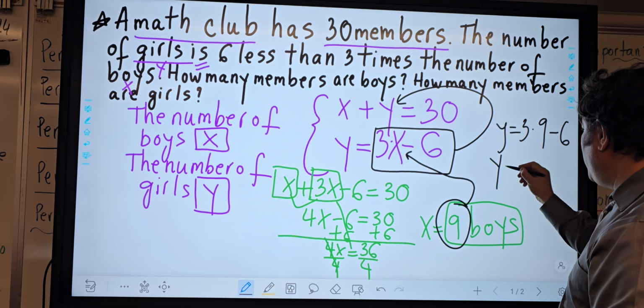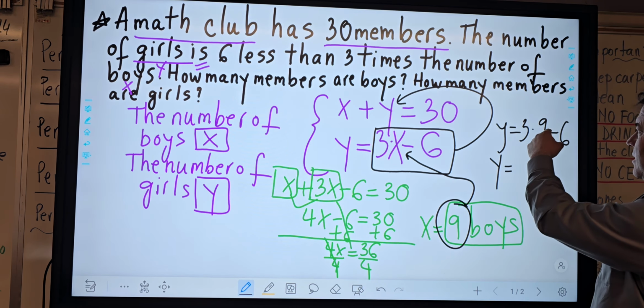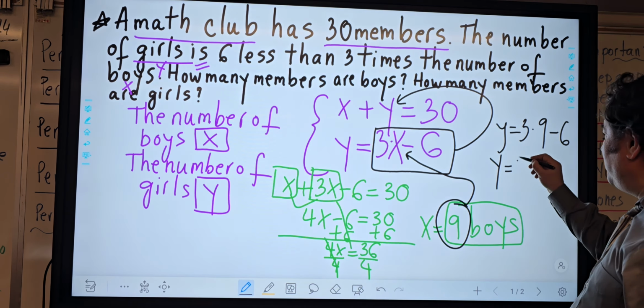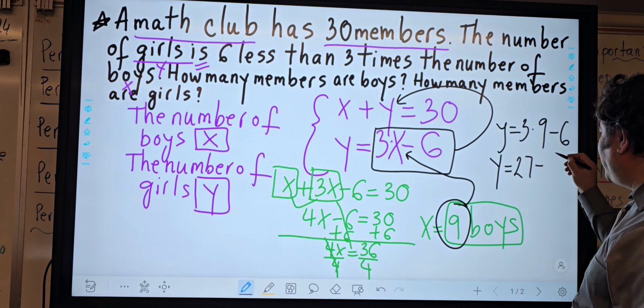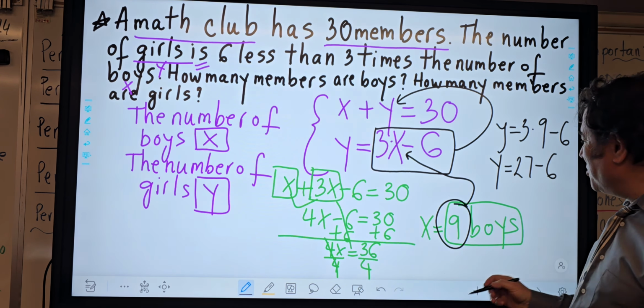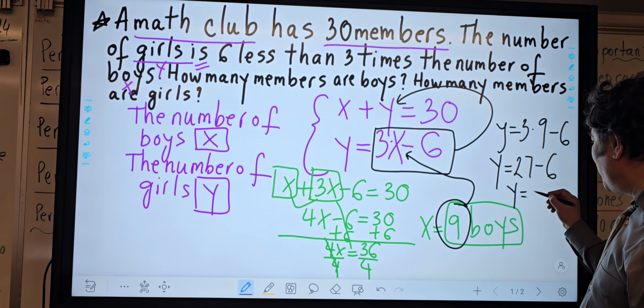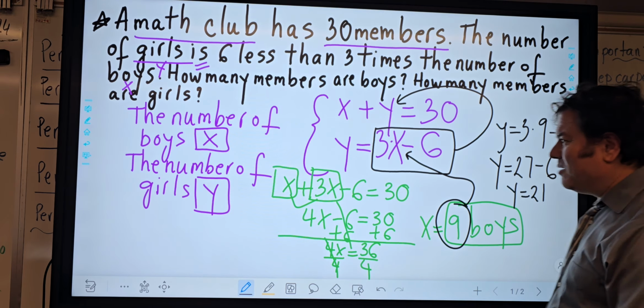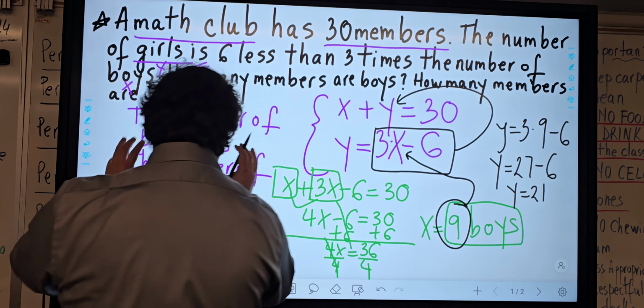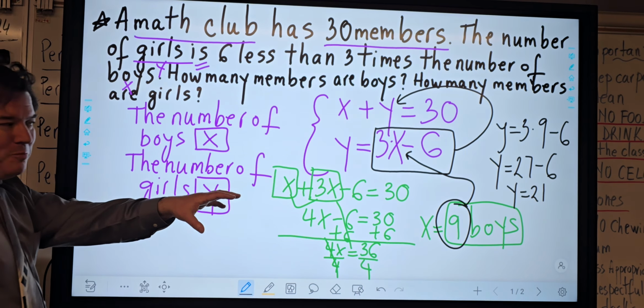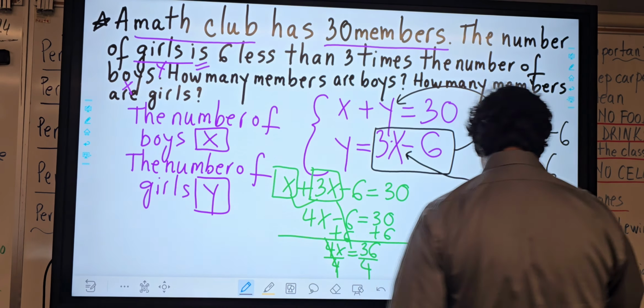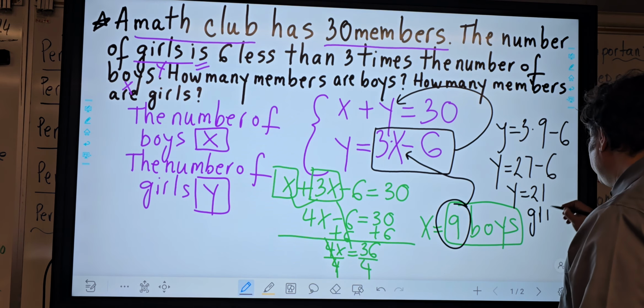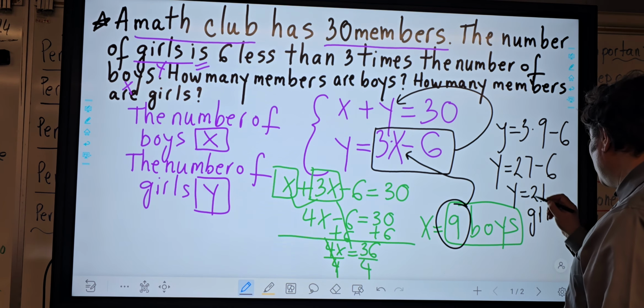So we have y equals 3 times 9, 27, minus 6, which is 21. Y equals 21. But remember, y represents the girls. So that should be 21 girls.